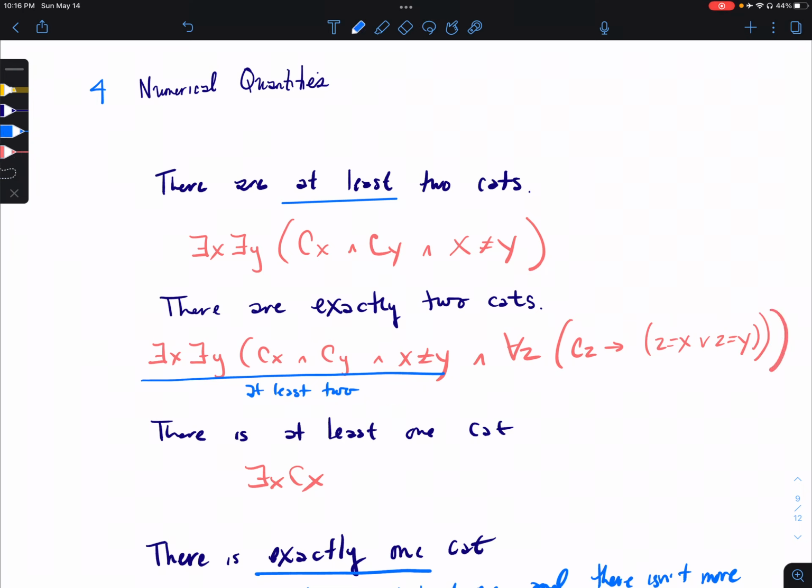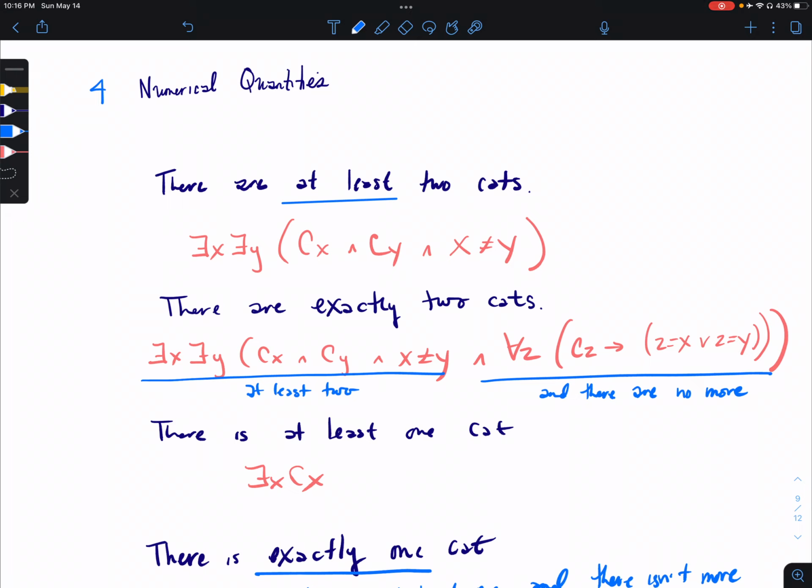Okay, and so this is the part that says, and there are no more. Anything else would have to be equal to one of the things, and by equal I mean identical to, as in the same exact thing as one already listed. Okay, so again, you'll see more of this in another lecture video.